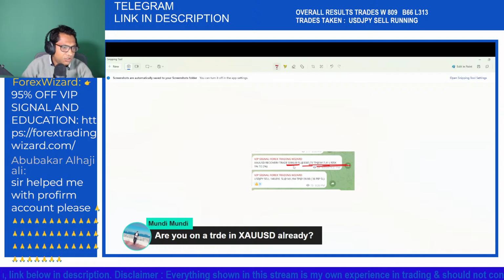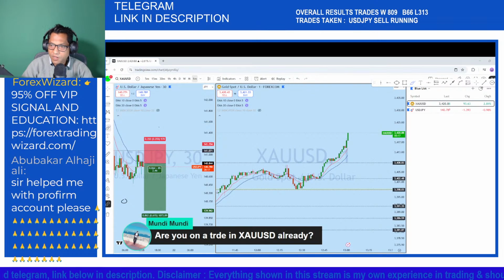So we started at 3399, 171 pip. So the 171 pip gold trade on the VIP had just been TP hit. The previous one, 50 pip, didn't work out, so now this one, 171 pip, has TP hit. So that's how trading is.